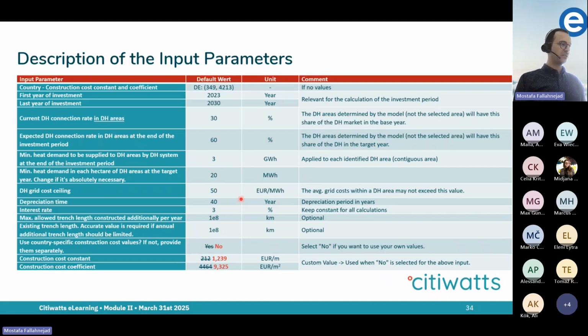In that sense, you may want to provide your own values, or you have better data and you know that it's cheaper or more expensive in your area, and you have the option to provide your own values. Here I have provided the values for my analysis for the case of Offenbach or the region around it. Maybe it's still a valid number, you can use it. And I am going to use these values instead of the default values.